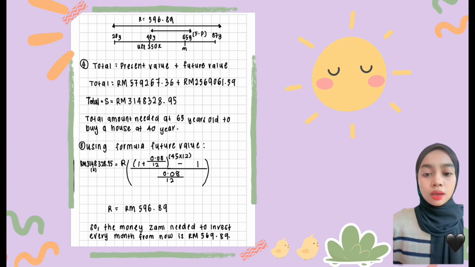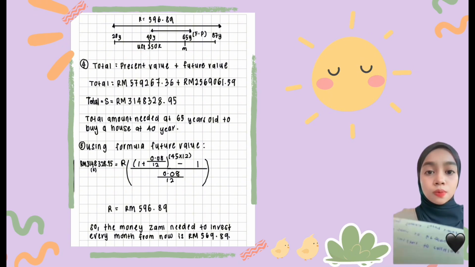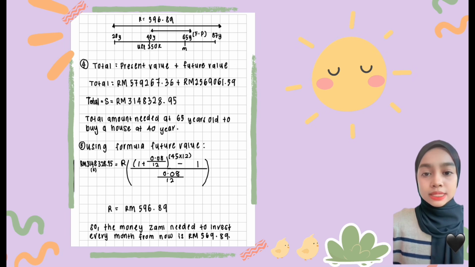Next, we need to calculate from 20 years old to 65 years old. So using the future value formula, which is S equals R open bracket 1 plus i close bracket to the power of n minus 1 close bracket over i, we need to find R. R is the total we need to invest in a month, because we already know the future value.